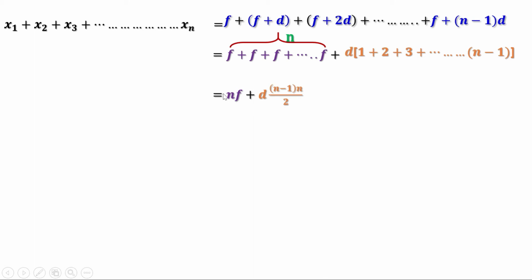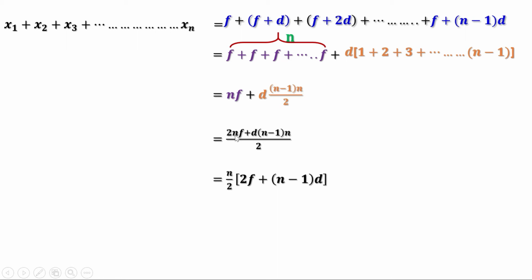Now let us multiply this nf by 2. And we can write 2nf plus d into n minus 1 into n, all divided by 2. Now look at the numerator, 2nf plus d into n minus 1 into n. N is common in both the terms. So let us take n outside, and the denominator outside, that is n by 2 outside.